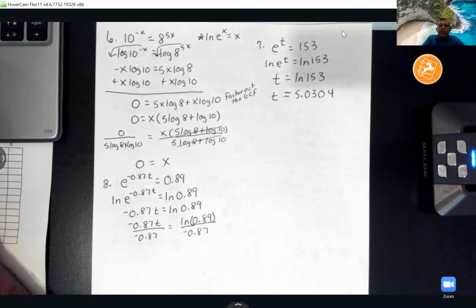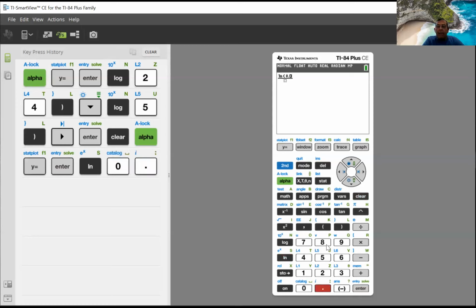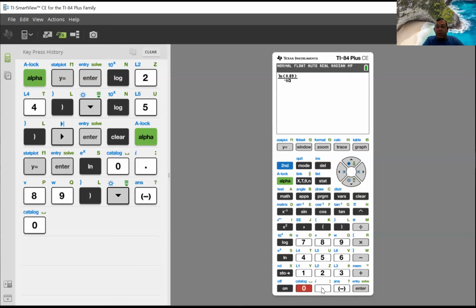So y'all, let me go punch this one on the calculator real quick. I'm going to make it look like a fraction, so alpha y equals and enter. On top I had an ln, so the ln is right here by the 4, 0.89. Close parentheses. And then on the bottom I had a negative 0.87.